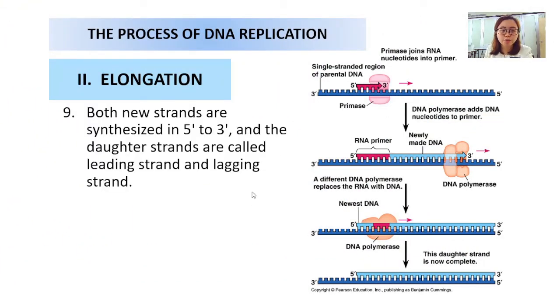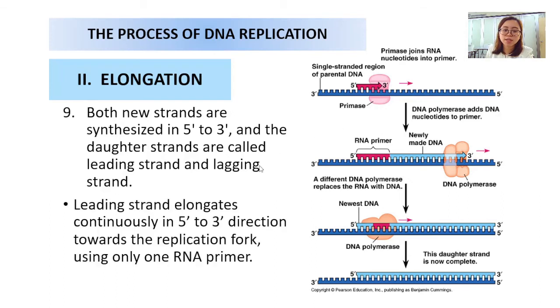Continuing with elongation, both these new strands are synthesized in 5' to 3' end, and the daughter strands are called leading strand and lagging strand. Okay, leading strand, dia satu saja RNA primer dan dia akan terus buat satu DNA yang panjang-panjang. Lagging strand pula, dia akan ada beberapa RNA primase dan nanti perlu disambungkan semula.